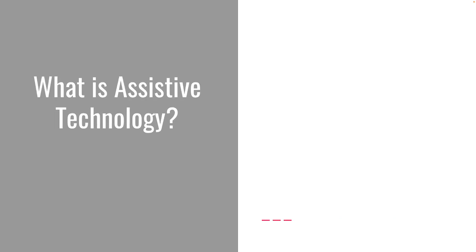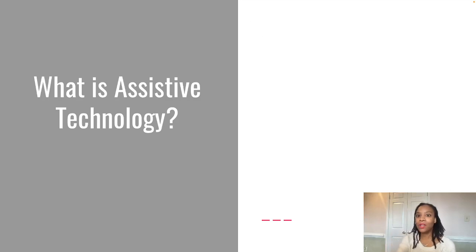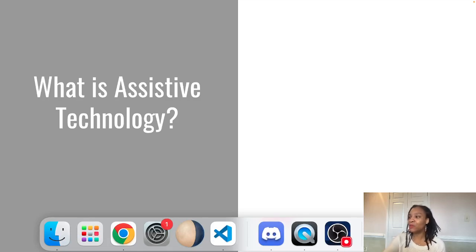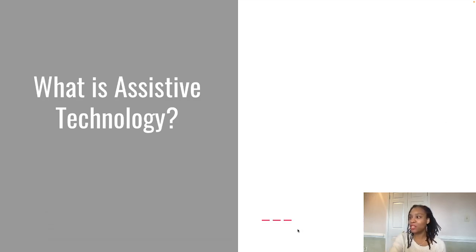All right, let's talk about assistive technology. Assistive technology is my favorite thing to talk about. It's really fun. It's something that I use a lot with patients, and this is how I got interested in learning about it.